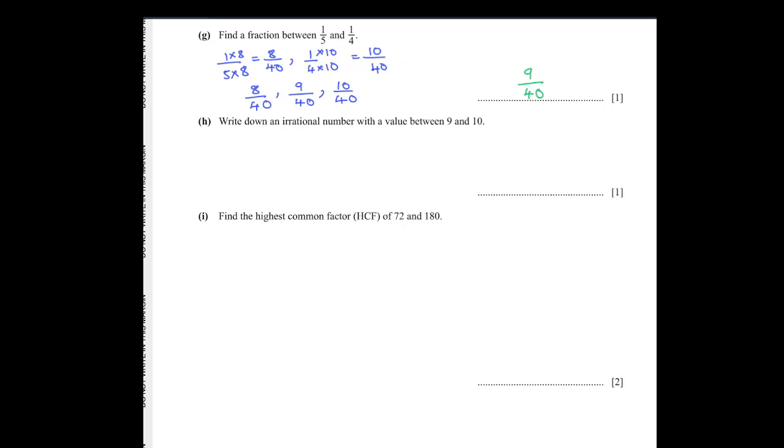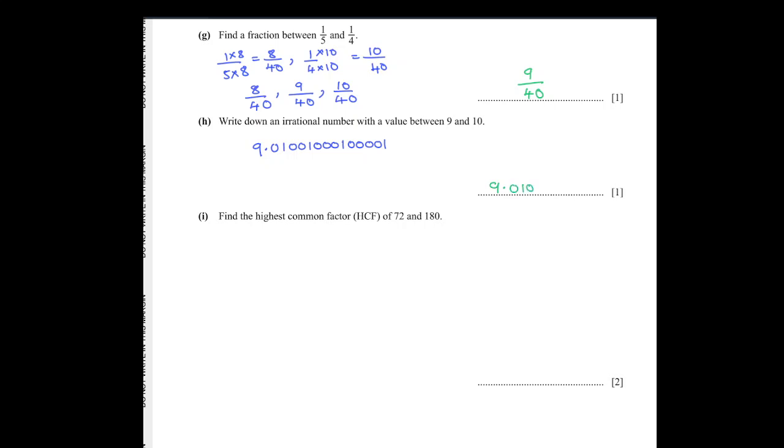Non-repeating, non-terminating. So let us take 9.01 001 0001 00001 like this. You can write any of this number. That is the irrational number. After 9 it is, and it is before 10.